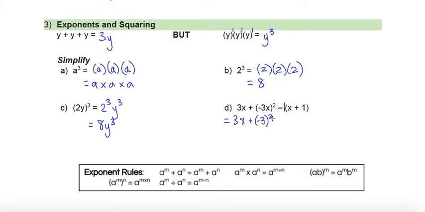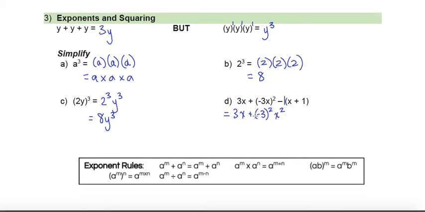So we can show that there. And then we can also do x squared. So if you need to show that step, by all means, go ahead and show that step. If you know what -3 squared is, you can do that as well. And then we're going to apply that -1 to both terms inside of this bracket, so using the distributive property. So -1 times x is -x, and -1 times 1 is -1.